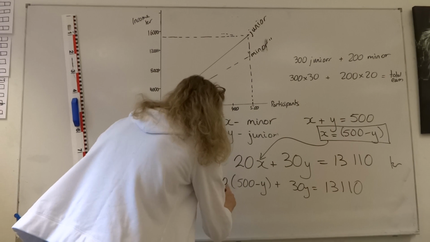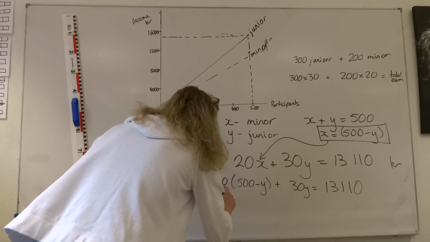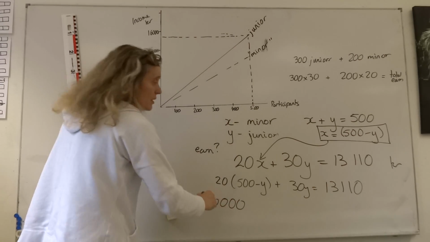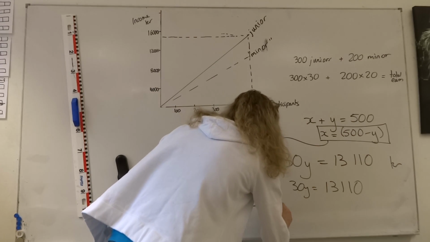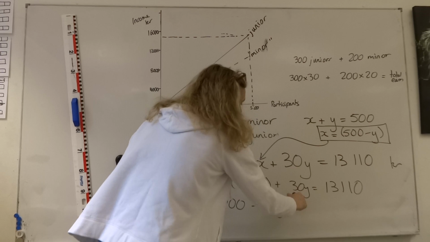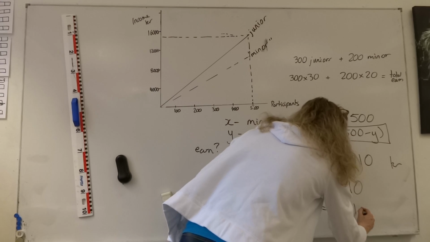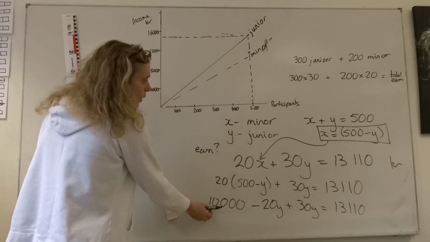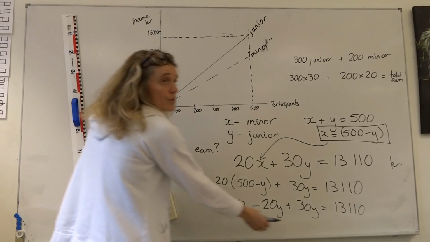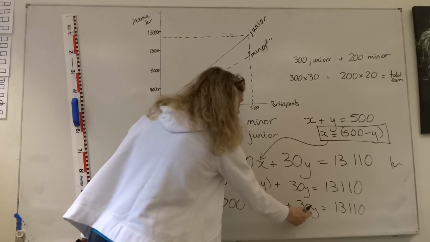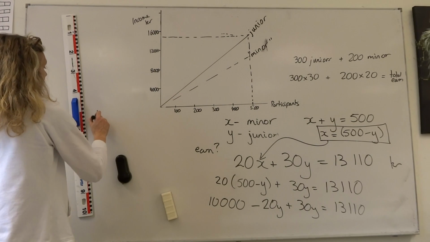Expand our brackets out. 20 times 500, well, 2 times 5 is 10, and we've got 3 zeros left. So we get 10,000 minus 20y plus this 30y from here equals 13,110. Now it's quite simple. Subtract 10,000 from both sides. 30y minus 20y gives us 10y.